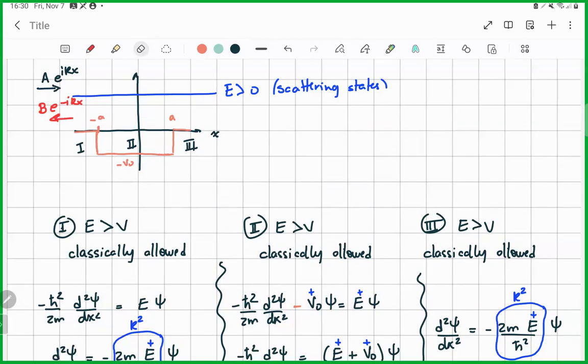Okay, then the part of the wave goes through region 2. At point A also gets reflected. So we have inside here the sinusoidal waves with the C and D. And when the wave reaches this point plus A, part of it gets transmitted.